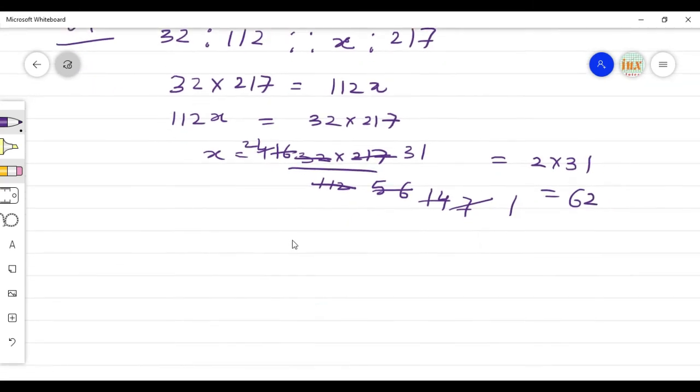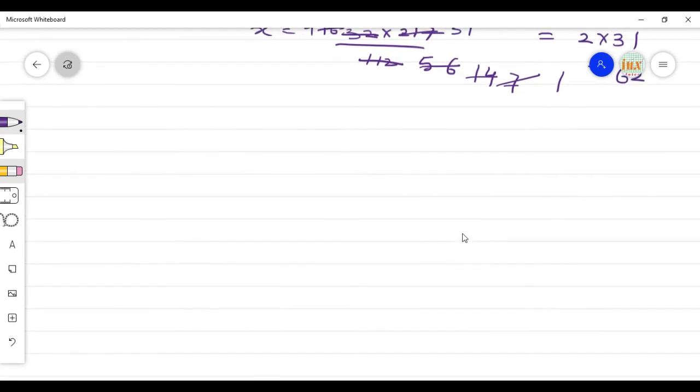Okay. Now moving on to the next question, we'll take question number 6. Now the incomes of Ruchi and Rajan are in the ratio 4:7. If Ruchi earns 16,800, how much does Rajan earn per month?